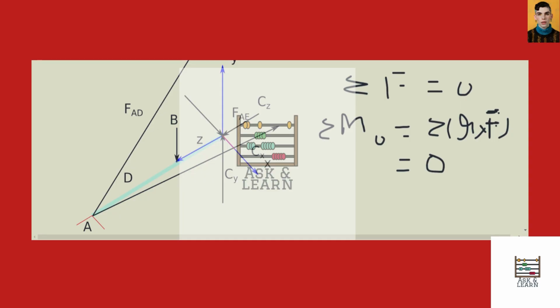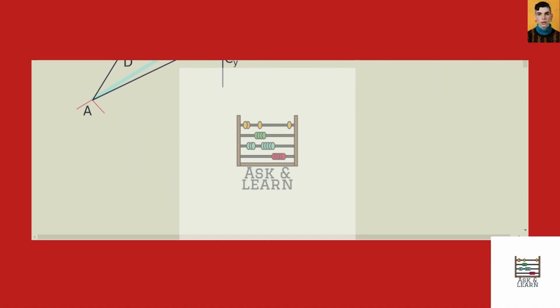So in that case, I can write RBC is equal to 0i plus 0j plus 1.2k.